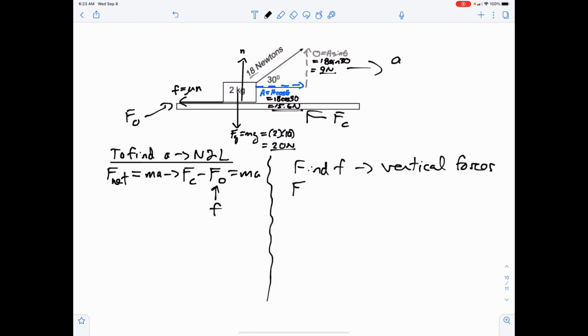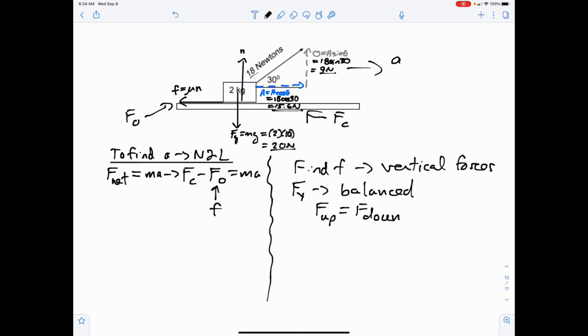Now, the forces in the y direction are going to be balanced because this block is not being pulled off the table. It's not accelerating upward, it's accelerating horizontally. So what this means is we're going to take forces up and set them equal to forces down in the y direction.